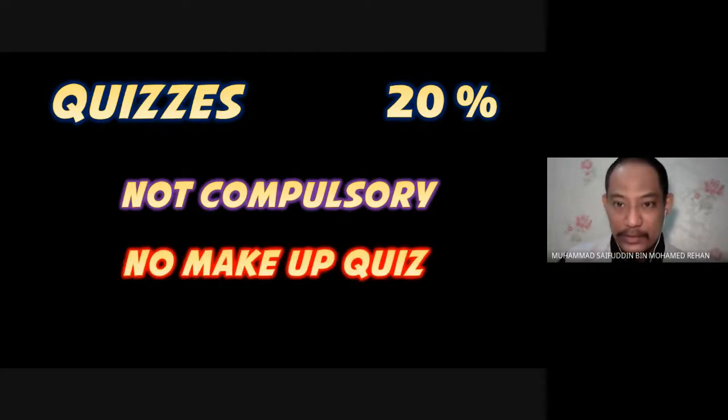Right? Secondly, there's no makeup quiz. I will not be able to do any makeup quiz. What this means is that even if you have a valid reason you cannot come to any particular class, for example, you have an MC, I am not able to do any makeup quiz, right?